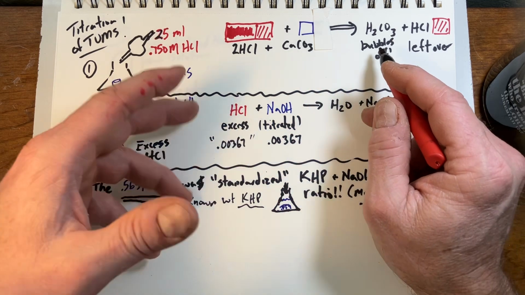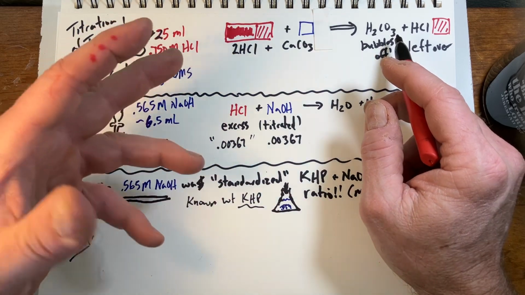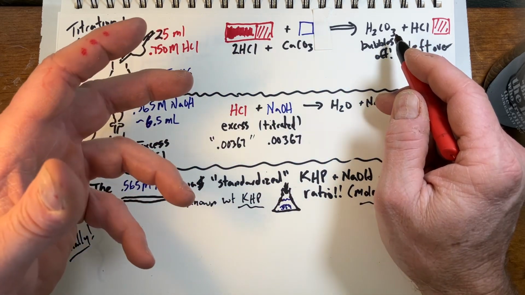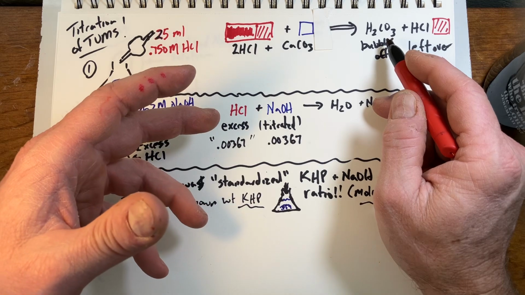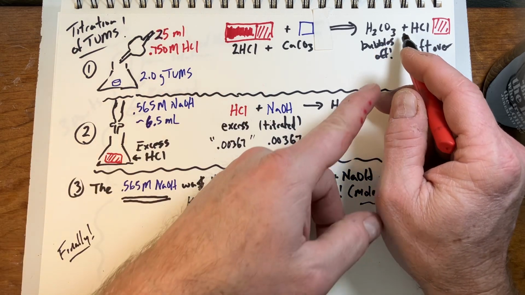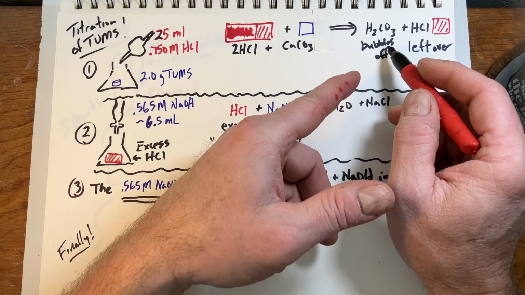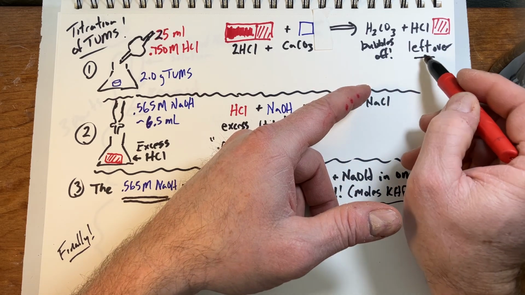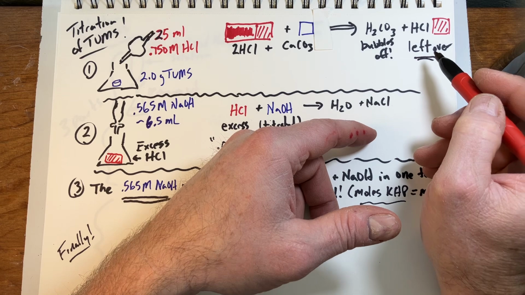Once the solution is bubbled off, and usually after a half hour to an hour, it's reached a point where there's no more calcium carbonate. It's all converted to carbonic acid, and that again has gone to gas and just pure water, and we are left with our excess HCl.